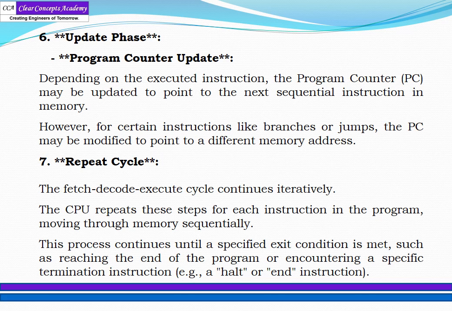This cycle will continue until the program counter reaches the end of the program. Or there may be an instruction like halt, a temporary pause condition, or an end operation, or an interruption. Until a command is executed to stop, this cycle will repeat.